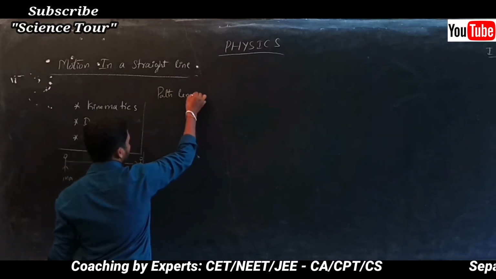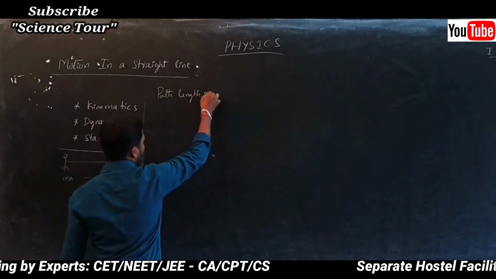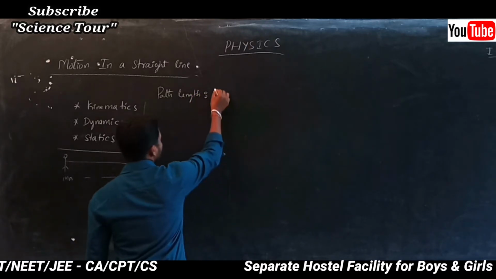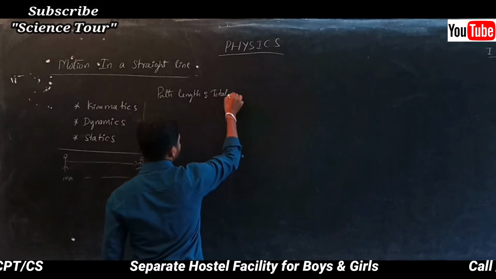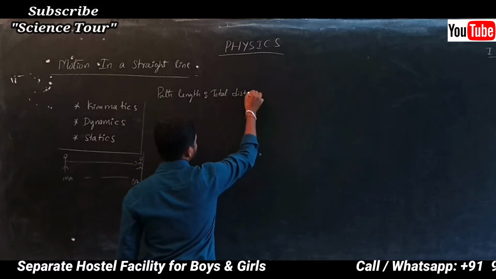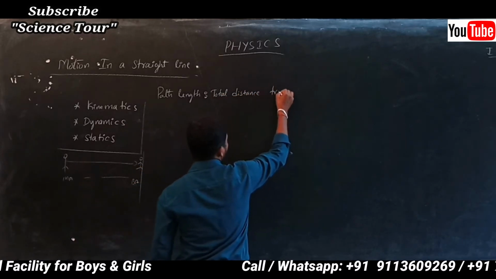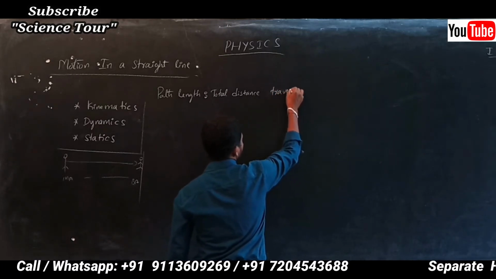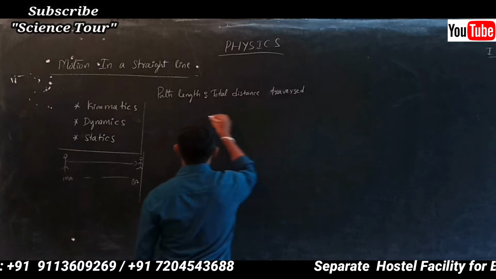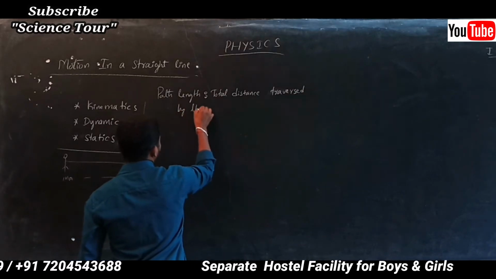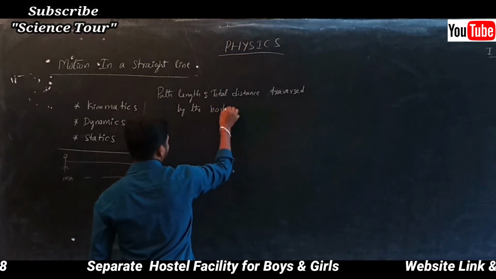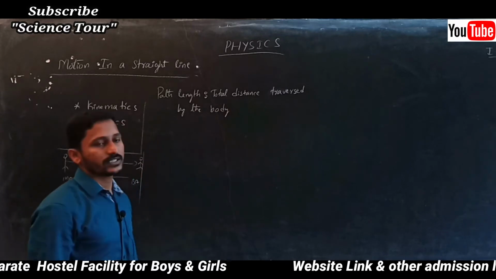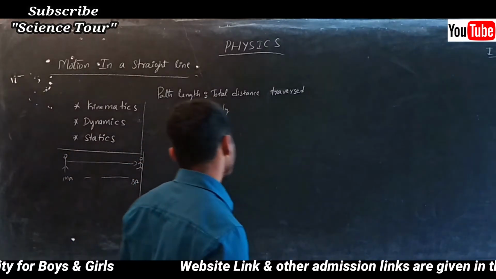Okay, the first physical term we are going to get. Path length is nothing but the total distance travelled by the body. The total distance traversed by the body is called path length.